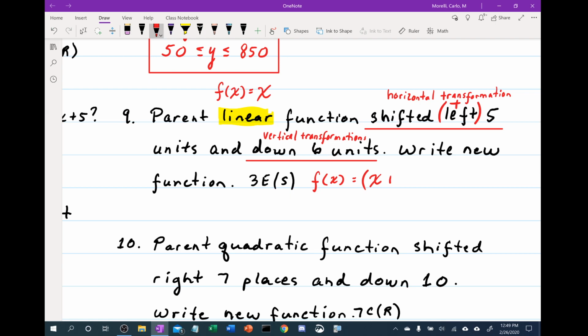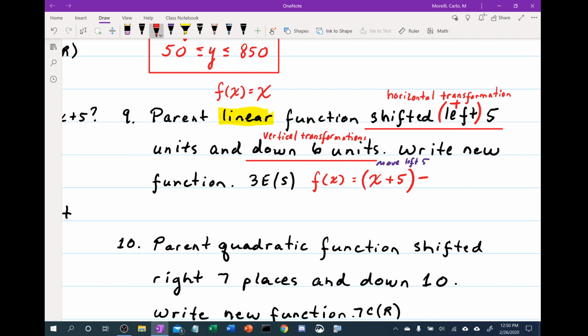So x plus 5. That means, here's what that means. This is important. This means move left 5. Okay? Now it says move down 6. Well, this one does obey your intuition. So what do you think I'm going to write now?